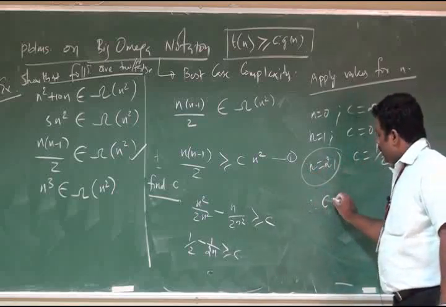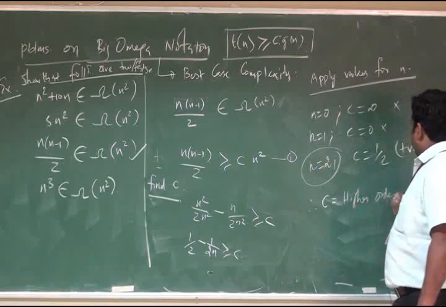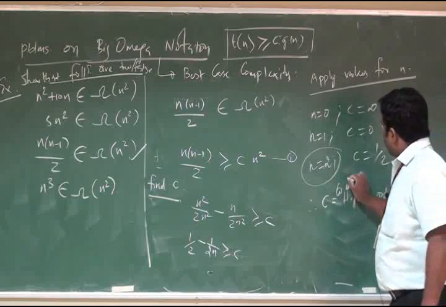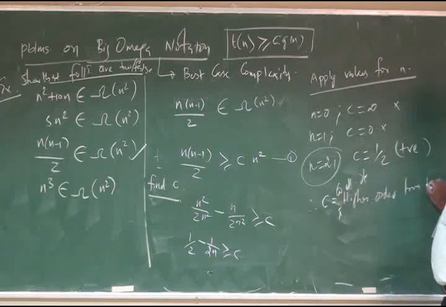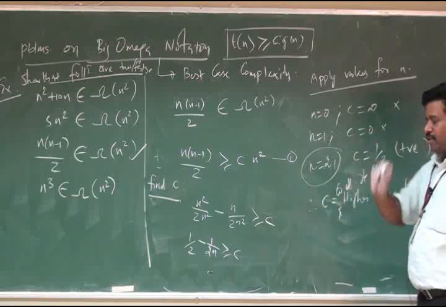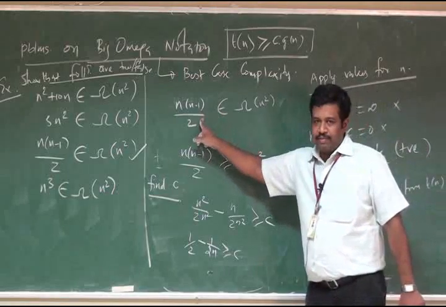Therefore, the constant for the given expression is, select the coefficient of higher order from t of n into, since it is a fractional expression, into 1 by first positive n value. See there, this is the fractional expression.